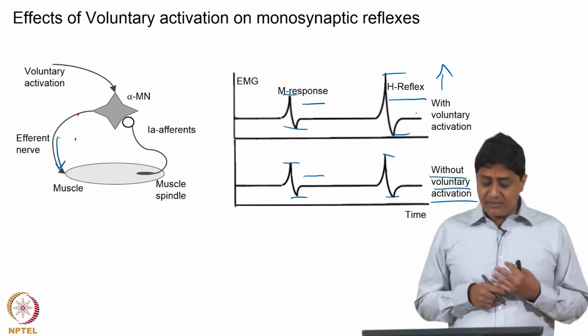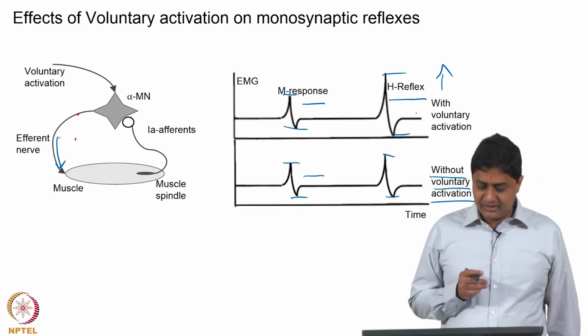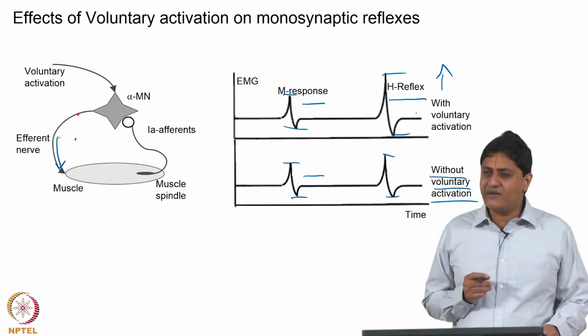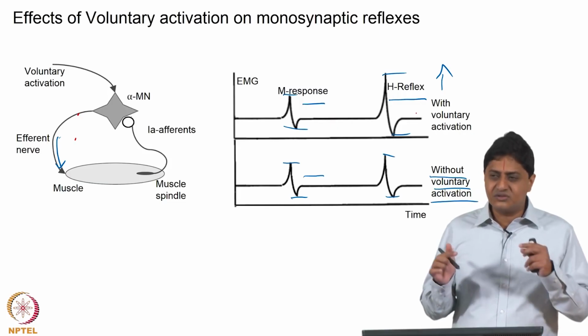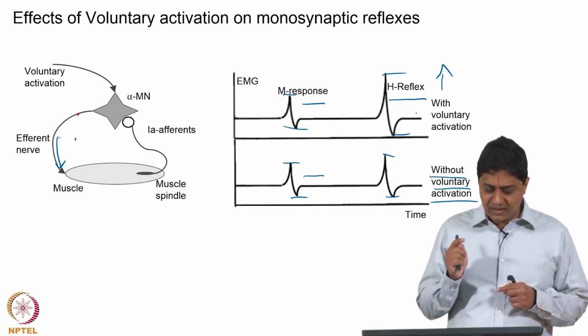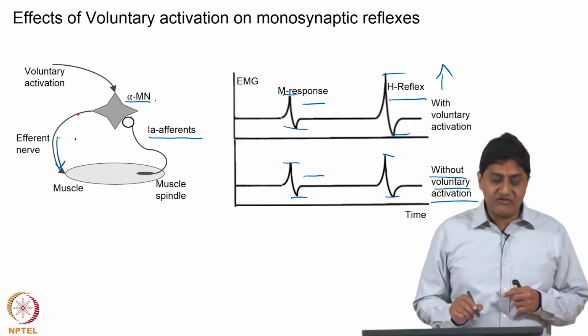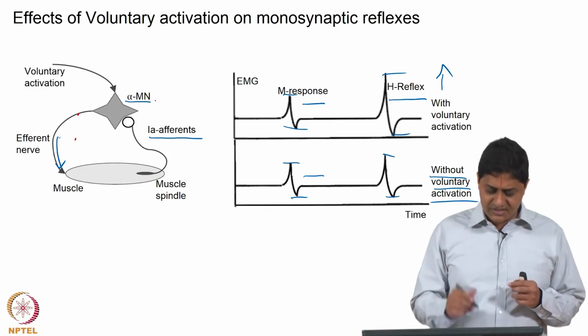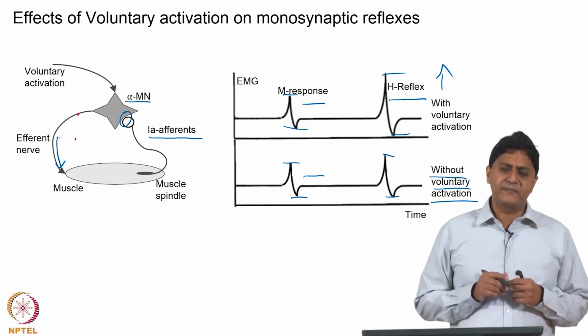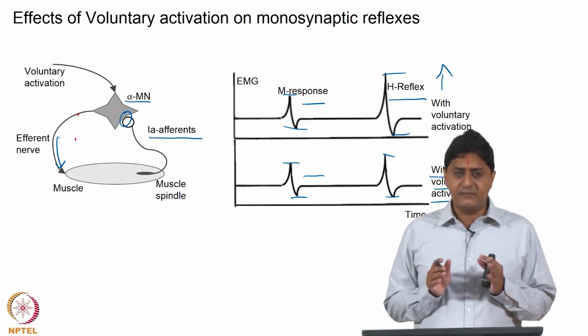You see, this is a monosynaptic reflex, or in other words, this involves just two neurons and one synapse, as in the 1A afferent and alpha motor neuron. These are the two neurons and just one synapse between them. This is what is involved here.